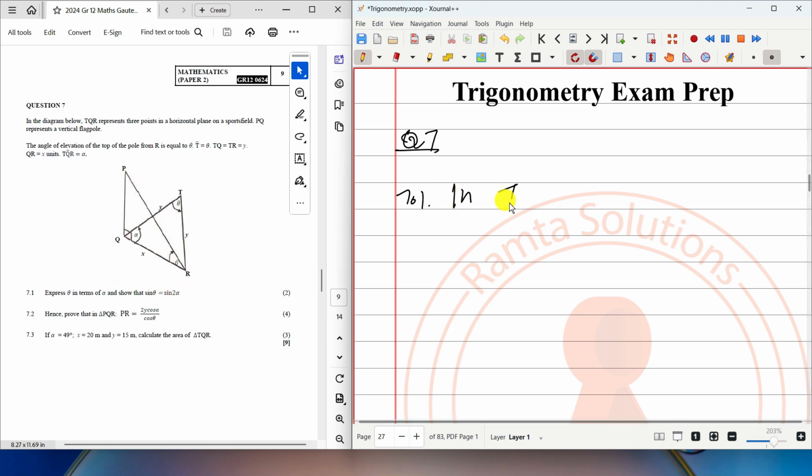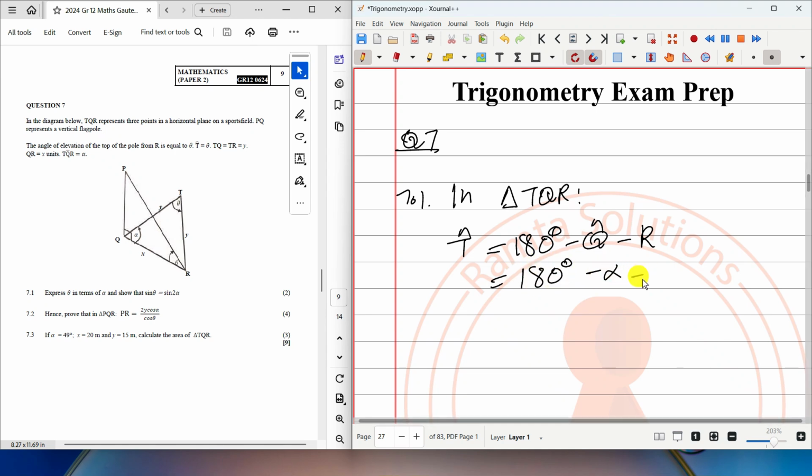In triangle TQR, angle T is equal to 180 degrees minus angle Q minus angle R. So this is 180 degrees minus alpha minus alpha, which is 180 degrees minus 2 alpha.